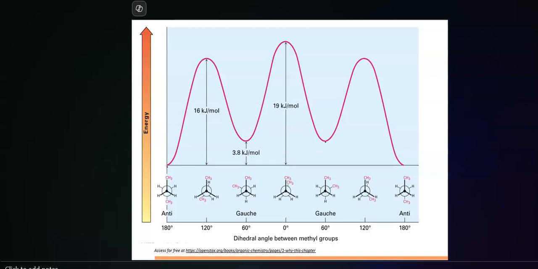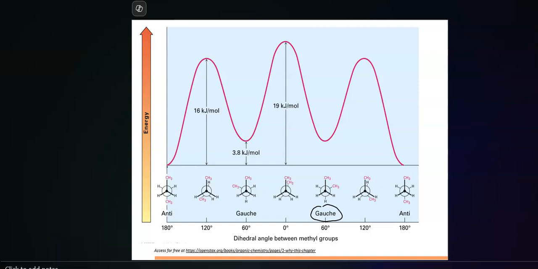You do another 60-degree rotation, you get a staggered, but again where the CH3 groups are right next to each other. So these staggered conformers where the CH3 groups are next to each other are what are called the gauche conformer. And then we have again the eclipsed, and then we come back to the anti-conformer.